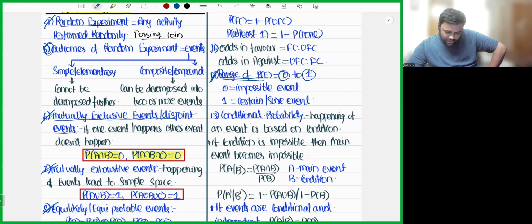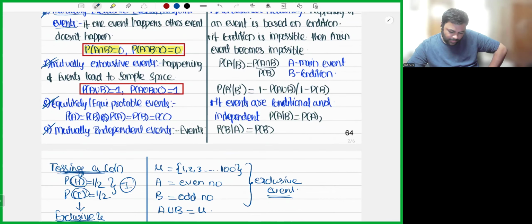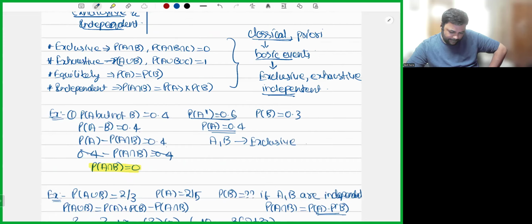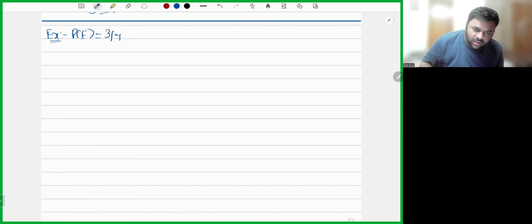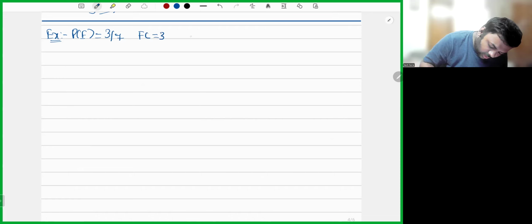That's it. See here, let's understand. Example. I am saying probability of an event is 3 by 7, right? I'm asking what are favorable cases? 3, sir. What are unfavorable cases? Don't know, sir.